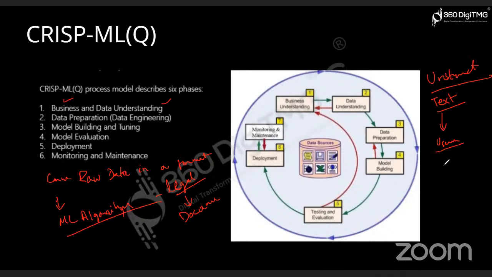Okay, so for this we will have to use NLP models. Okay, we'll have to do text mining. Okay, various processes we need to follow. We need to do tokenization. We need to do stemming or lemmatization.